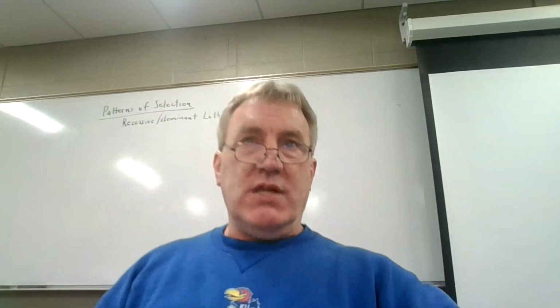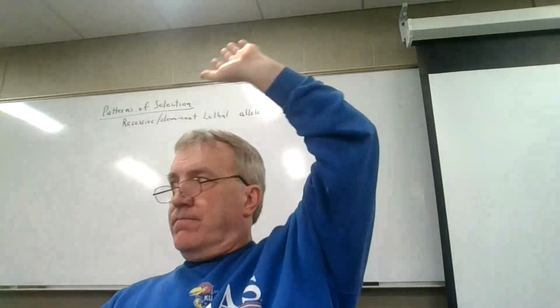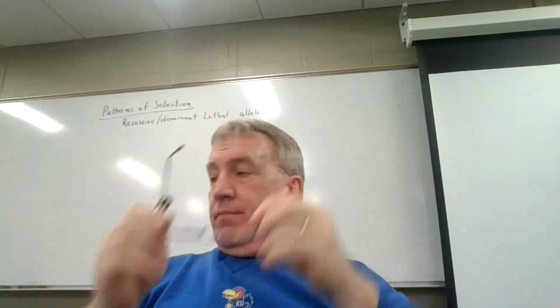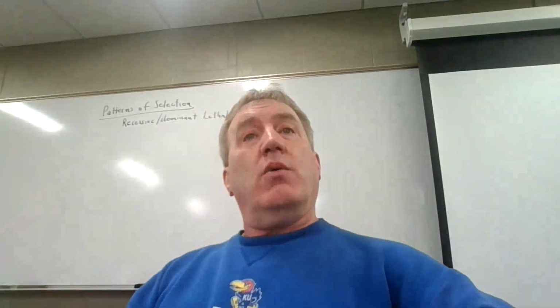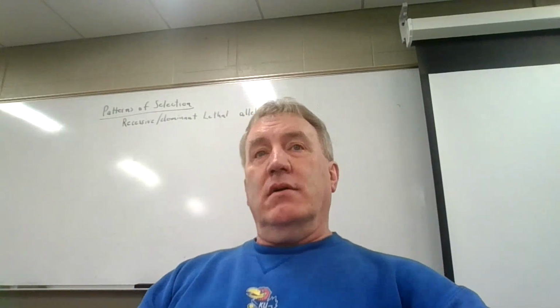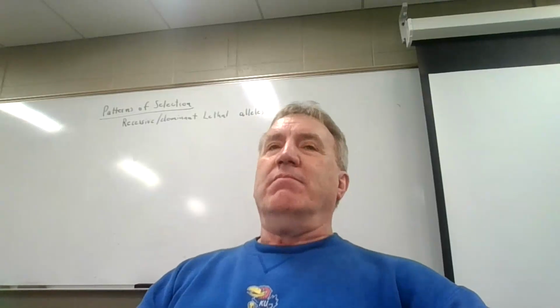How many people have ever heard of a disease called Huntington's chorea? Does that sound familiar to anybody, Huntington's chorea? Okay, Huntington's disease? Okay, it is controlled by a dominant allele, it is always lethal, but it is not lethal until later in life. Ding, ding.